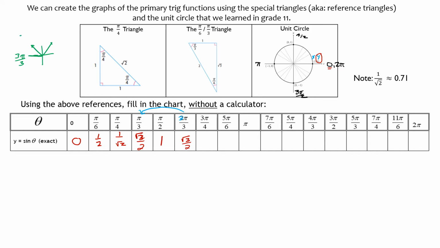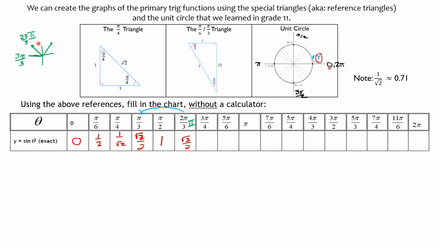So 2 pi over 3 is in quadrant 2. I'll put a 2 down here as well. So 2 pi over 3 in quadrant 2, is sine positive or negative in quadrant 2?